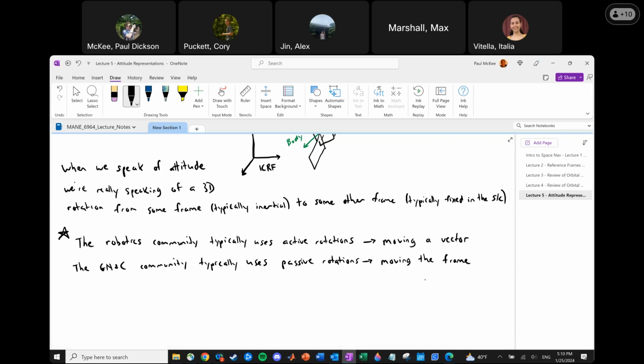So if I said, okay, here's the spacecraft position expressed in the Earth-centered inertial reference frame, find me the spacecraft's position in the Earth-centered Earth-fixed reference frame, what we would then need to do is find the relationship between the Earth-centered inertial and the Earth-centered Earth-fixed reference frames and do a passive rotation between those. But what we're not doing is physically moving the spacecraft. At that instant in time, the spacecraft just is where it is, and we're expressing it a new way. So another way of thinking about passive rotations is expressing the same vector in a new way.